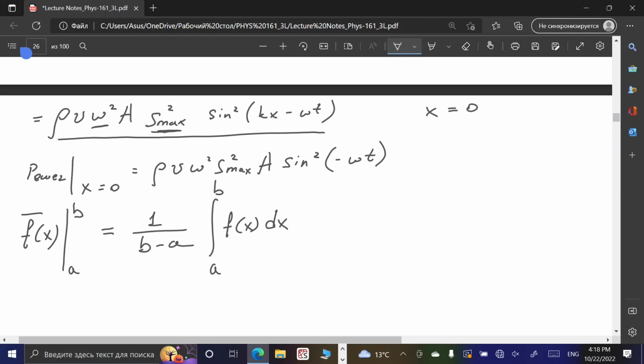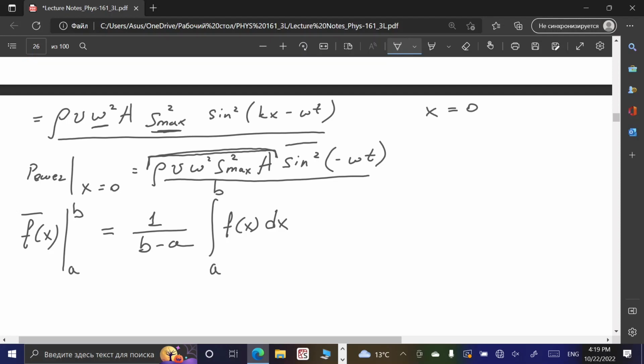You see here that this is just some coefficient which is time independent. It doesn't change over time, so we don't care about this coefficient. It will stay like this when we go from instantaneous value to average value over some time interval.